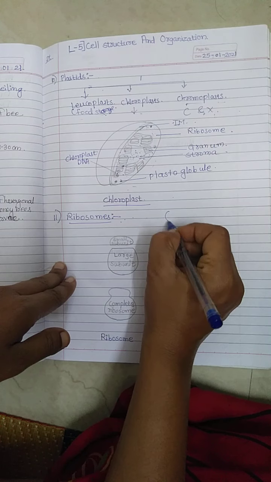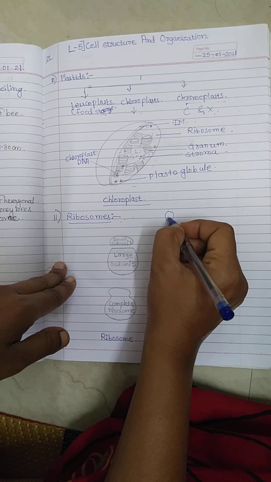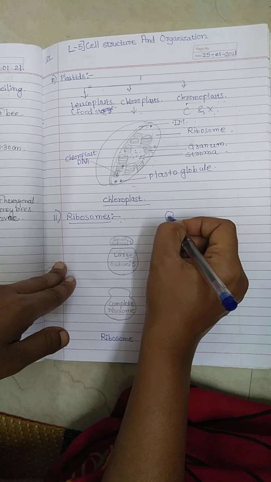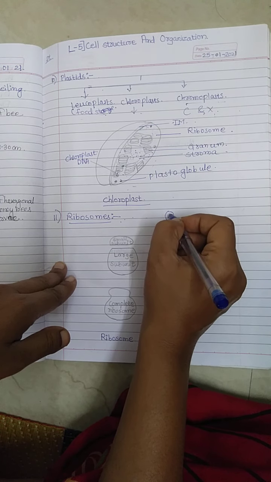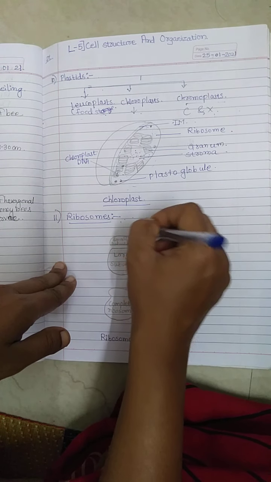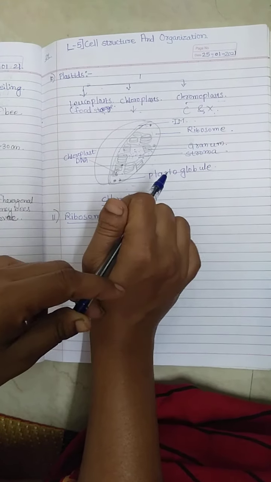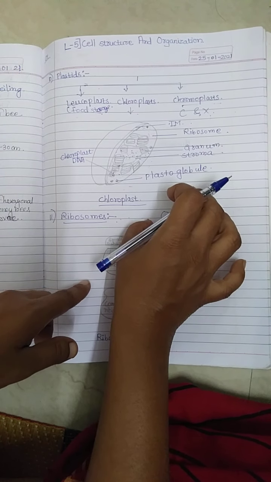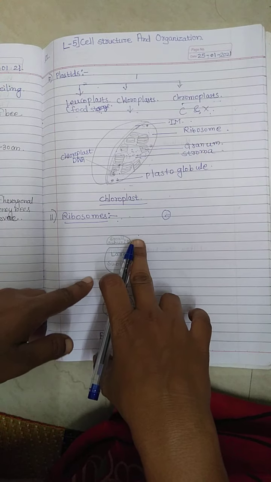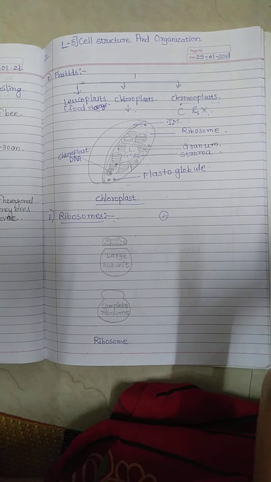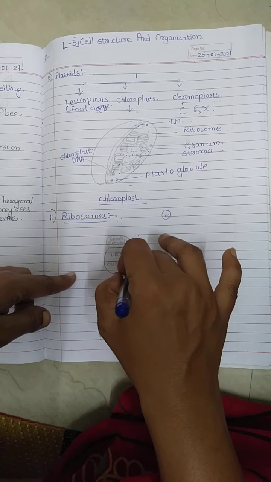Inside the cell they are complete with protein and supply the product wherever the protein is needed. The ribosomes are made up of ribosomal RNA and proteins. They do not have any membranous covering around them.